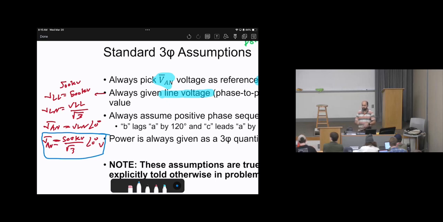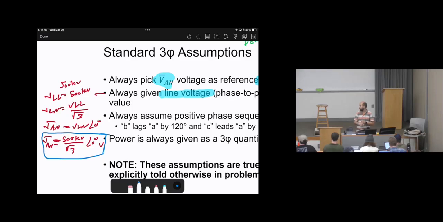If the problem statement says 500 kilovolts, then from that and the word three-phase, I can find V line to line, V line to neutral, and VAN directly, just by reading this statement: a three-phase system has 500 kilovolts voltage.